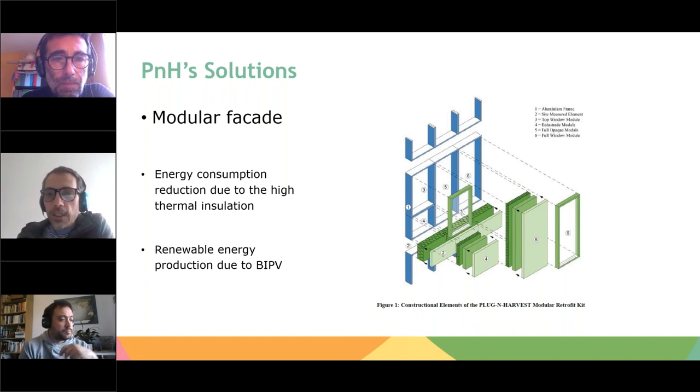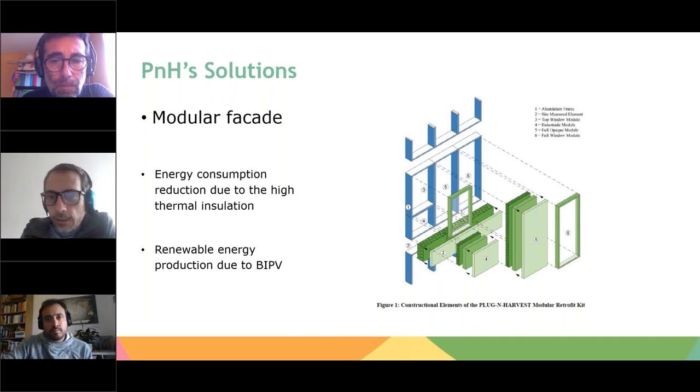The idea of this facade was also to contain the photovoltaic modules to produce energy, and to be connected with sensors and appliances that could work with an IMCS, an intelligent management control system.